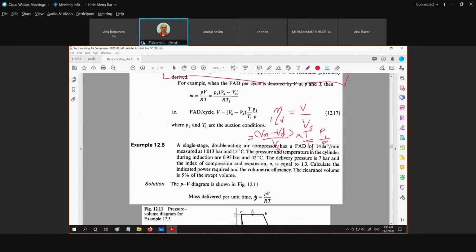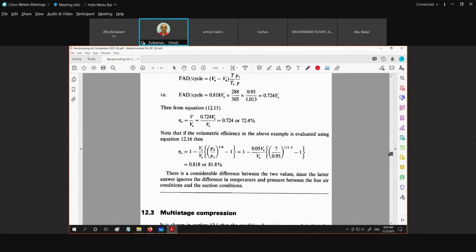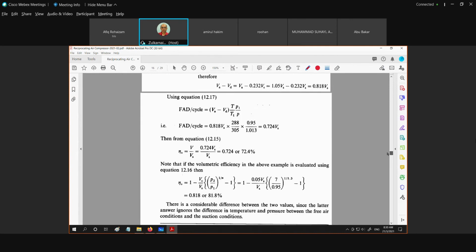Now, kita lihat kepada, ini kita dah buat yang ni kan? Yang ni kita dah buat. Cuba tengok, letak example yang berkaitan dengan this one. Okay, yang ni, this is the value tadi. Nampak? Kalau kita lihat contoh sebelum ni, where P is equal to P1, T equal to T1, ini terdapat from the previous.